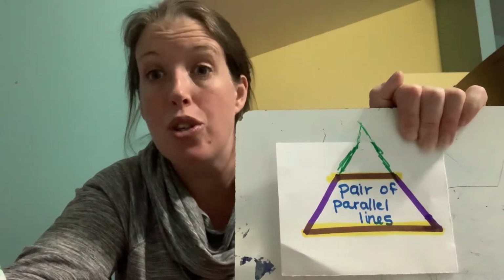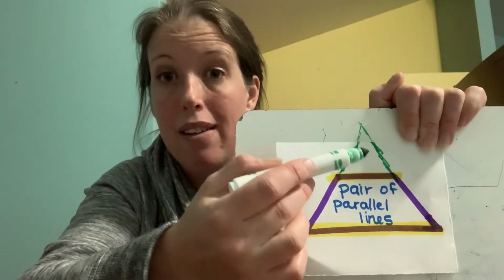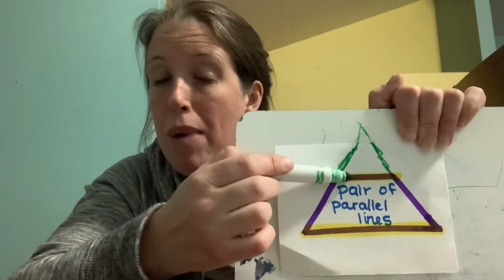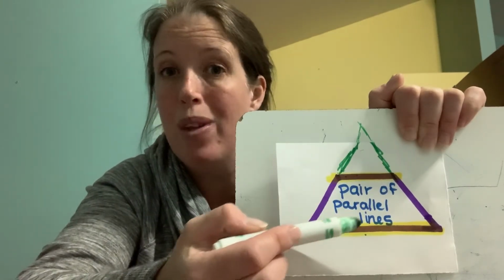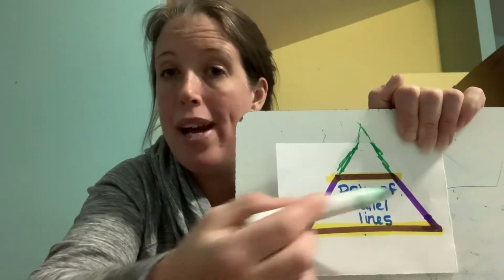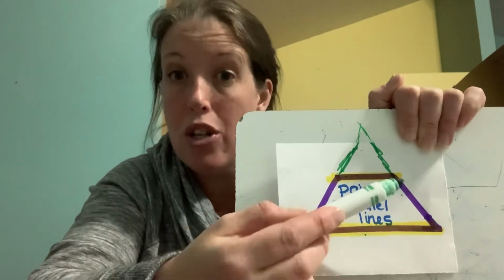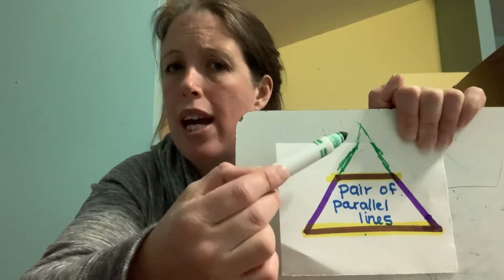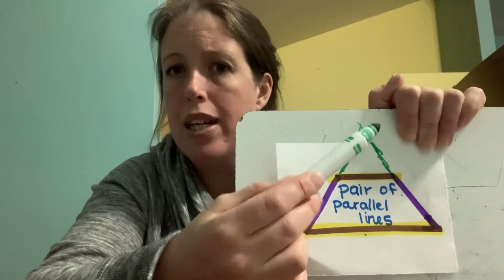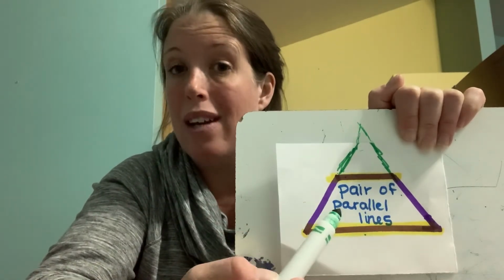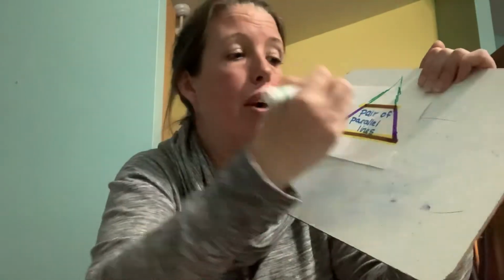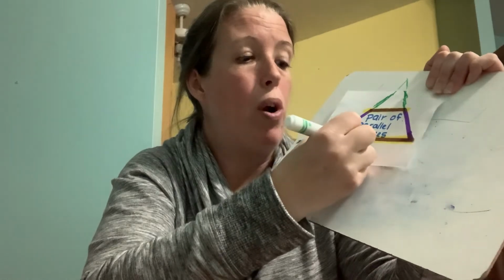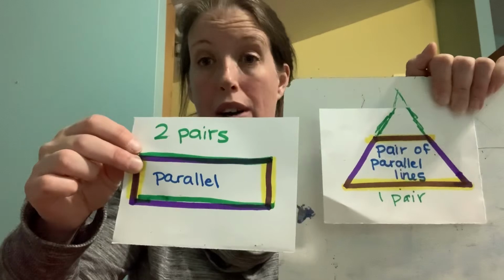They're going to cross, or they're going to meet. So even though this pair of sides is parallel, the other opposite 2 ends are not parallel. These are intersecting. They won't intersect at a 90-degree angle, so they're not perpendicular, but they are going to intersect. So this quadrilateral only has 1 pair of parallel sides, where the square and a rectangle would have 2 pairs.